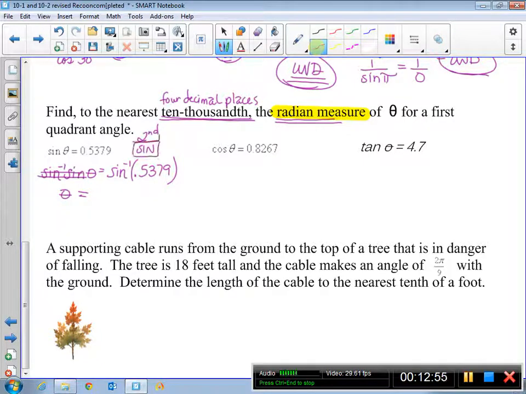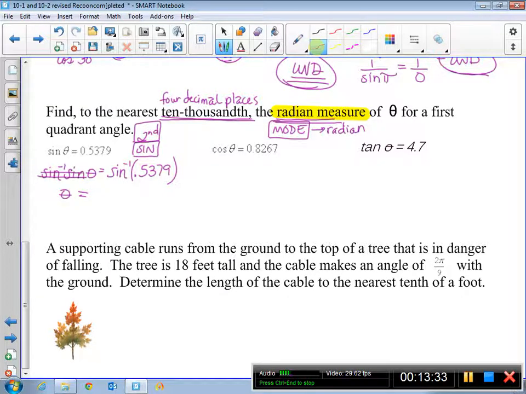But more importantly is your mode. If I want your answer as a decimal in radians, then we have to go to radian mode on your calculator. So please check your calculator right now and change your mode. Instead of degrees, you want radians. So now when you do sine inverse or second sine, checking my mode as well.